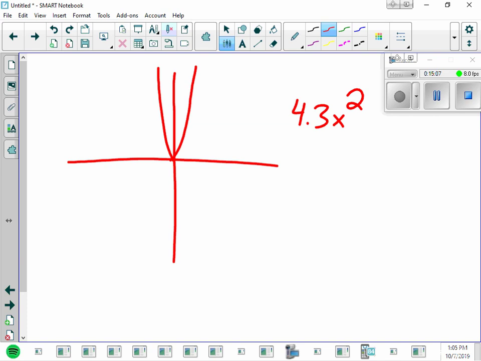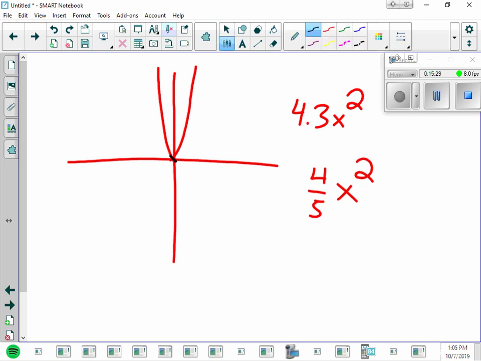Okay. What if I had 4/5 x squared? Squished. Why? It's smaller than 1. Is it really squished? No, why not? 4/5 is pretty close to 1. So it's not very squished.